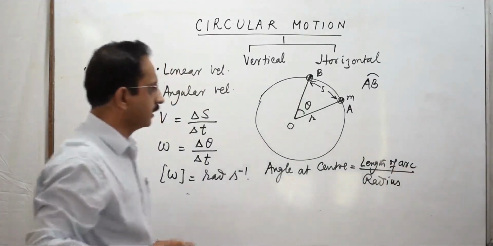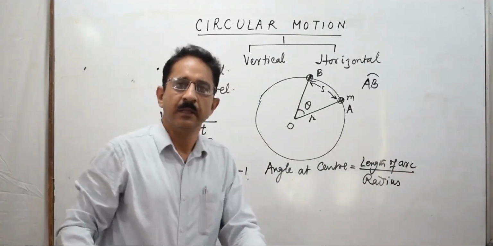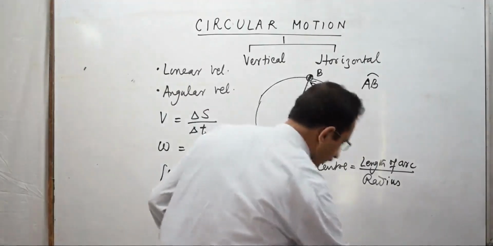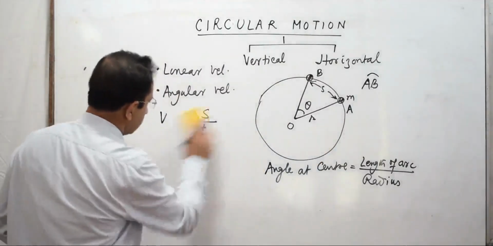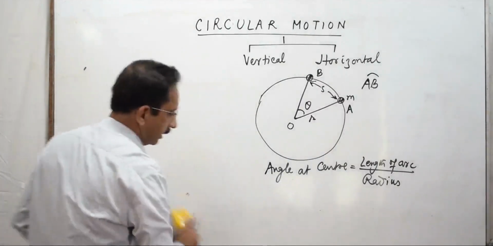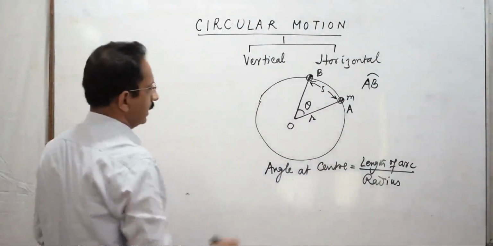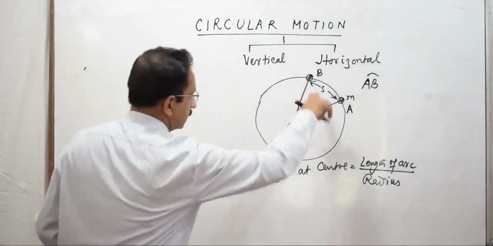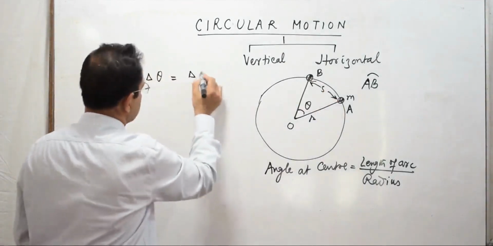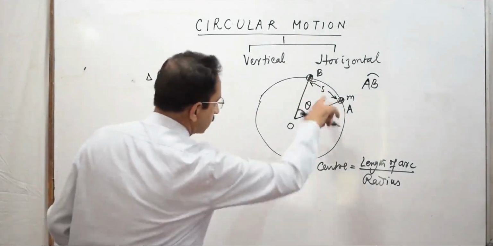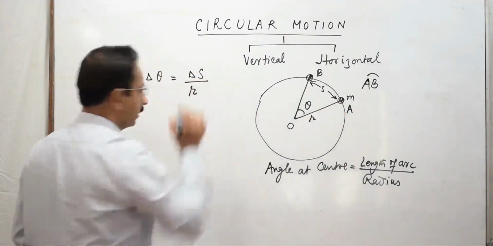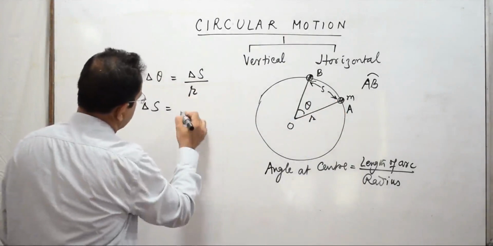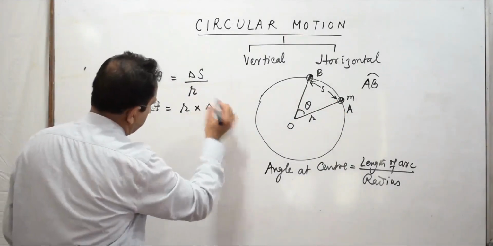We can use this relation for developing a very simple relation initially in scalar form between the linear velocity and the angular velocity. So let me say that the angle at the center is a small angle, call it delta theta. So angle at center is delta theta, and this is the length of arc, say it is delta s, and the radius of this circle is r. So delta s is equal to r multiplied by delta theta.